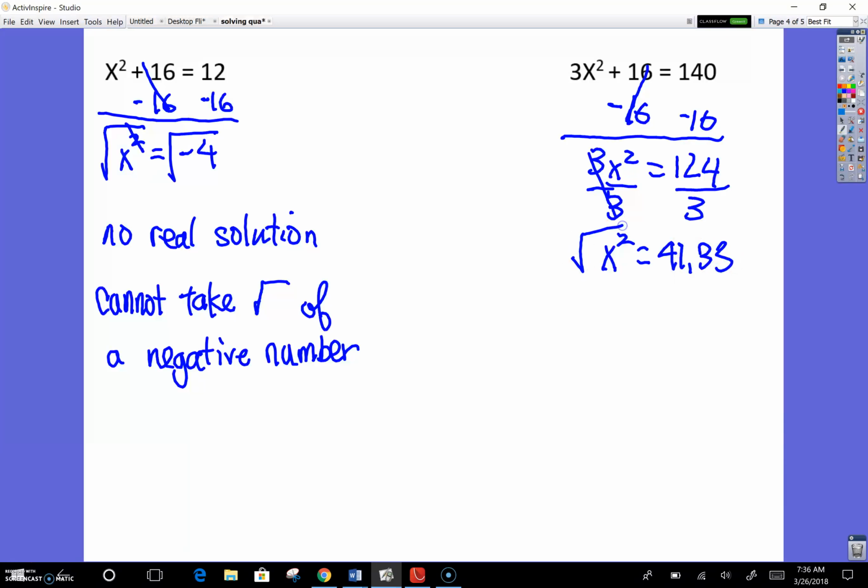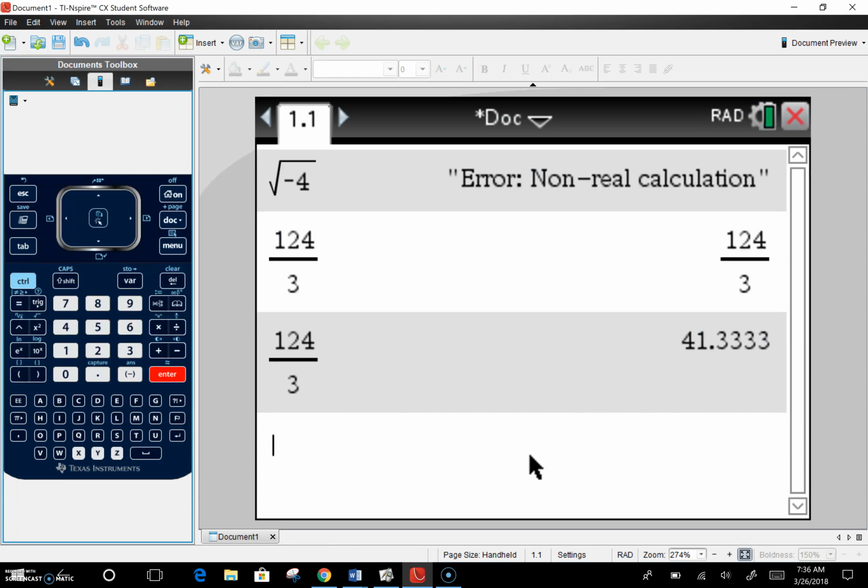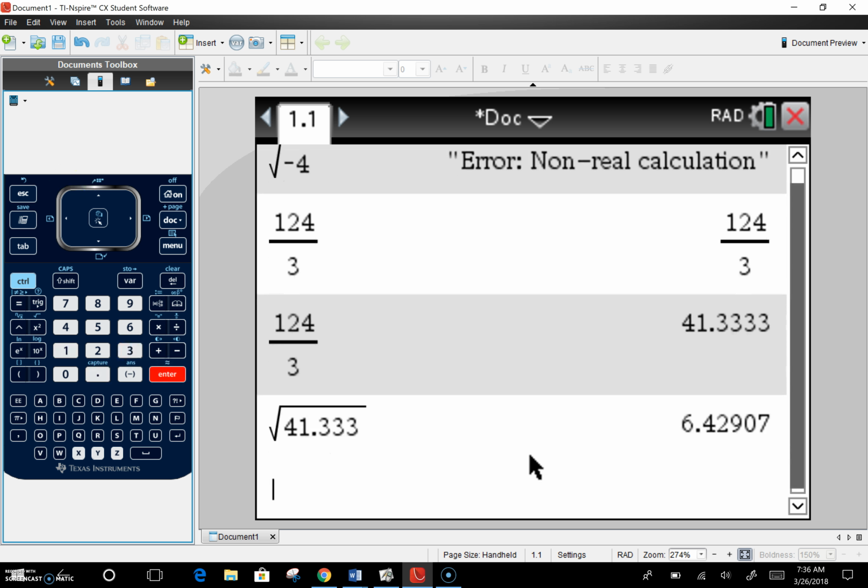So I'm going to take the square root. I don't know what that is in my head, so I'm going to go square root of 41.33. That's 6.42.